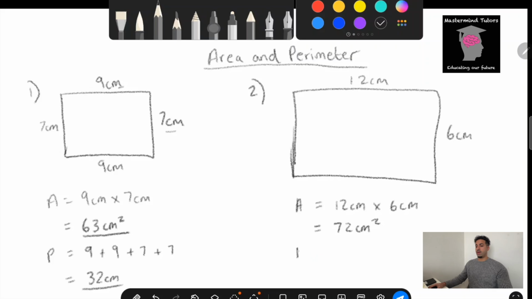Now for the perimeter, we'll be adding all the sides. Twelve plus 12 plus 6 plus 6, which will give us the perimeter of 36 centimeters.